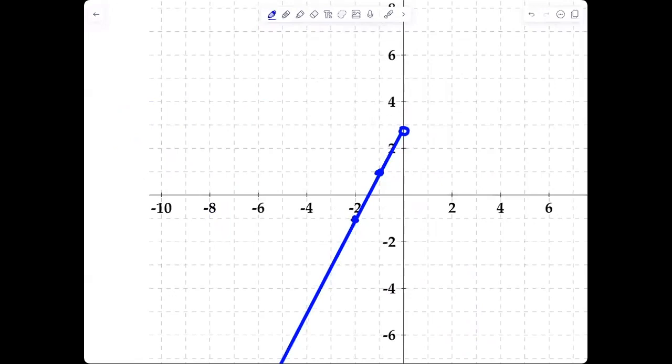How would we graph it? Eventually, this open circle will get closed.